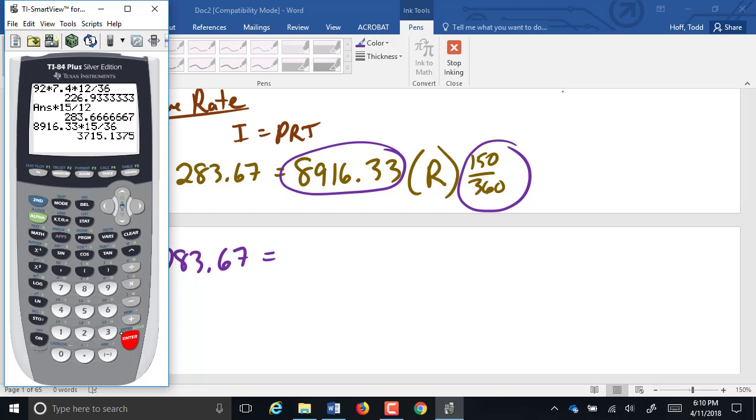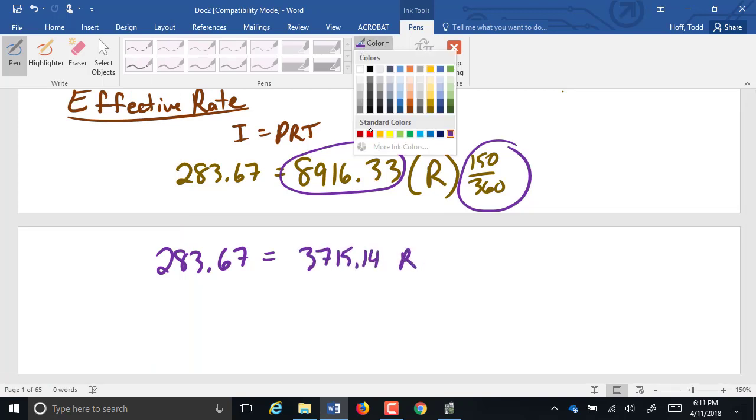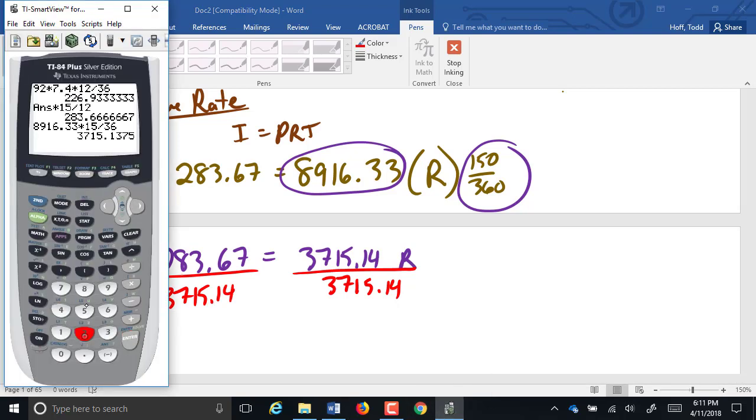So it's 3715.14 times R. So then we solve that by getting R by itself, so we divide by 3715.14. Now what I'm really going to do when I divide is type in the 283.67 and divide by that previous answer.